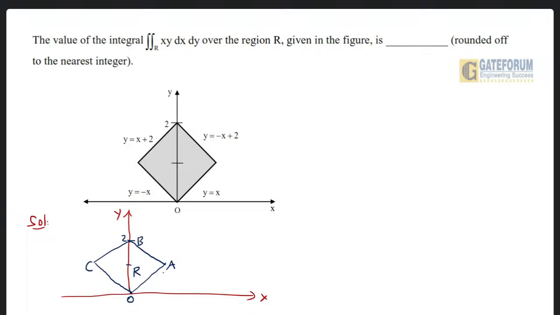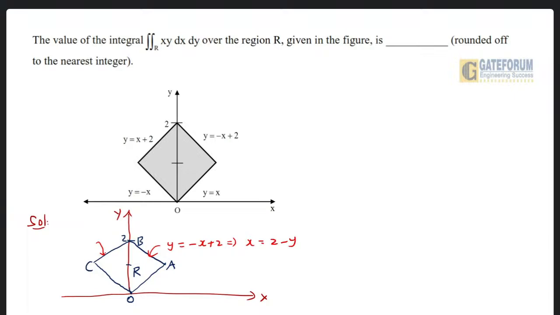So joining C and A, from that above, if I take a horizontal strip, the limits change. So first of all, the curves. This curve is y is equal to minus x plus 2. I want to take a horizontal strip, or you can take a vertical strip dividing the region into two parts, which implies x value 2 minus y.